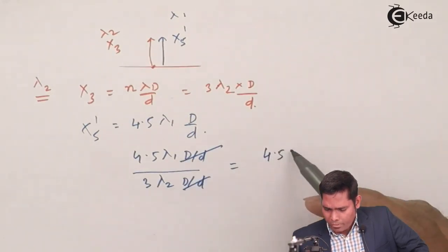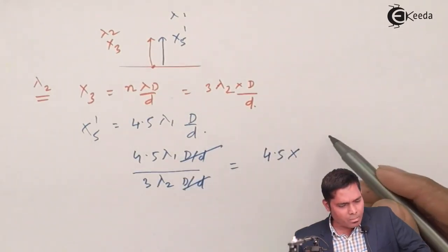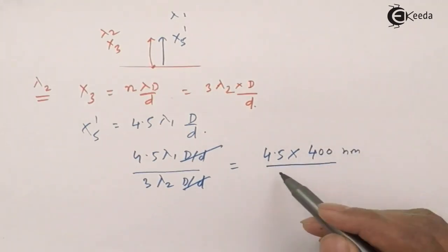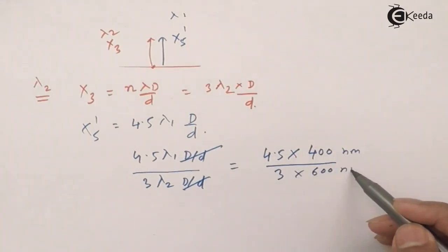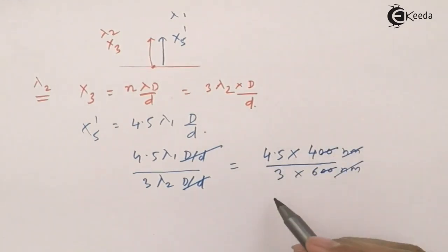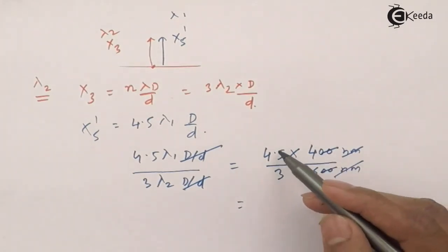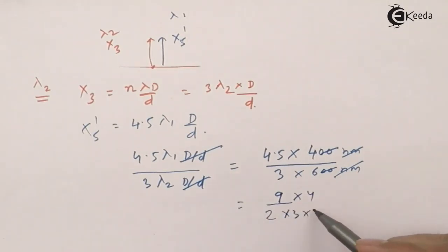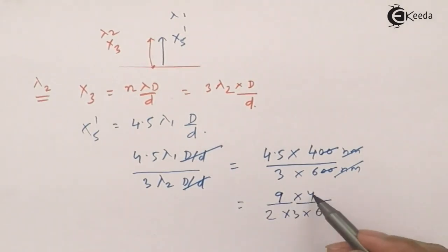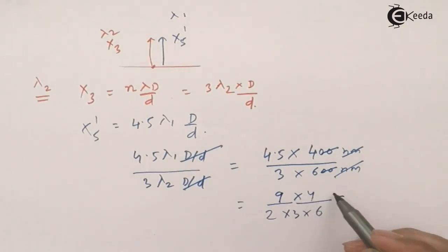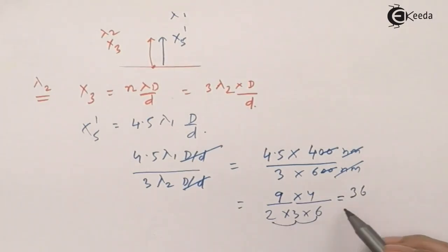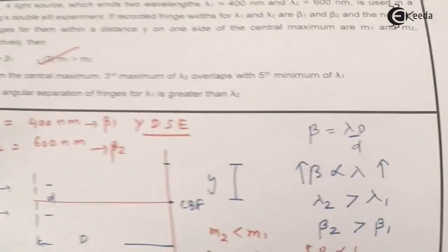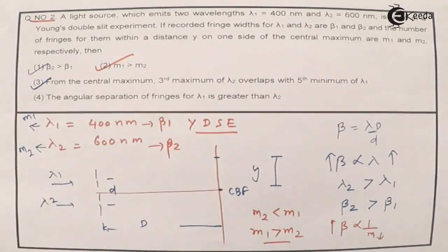This is 4.5 times lambda 1, which is 400 nanometer, divided by 3 into 600 nanometer. The nanometer will cancel, the zeros will cancel. This is actually 9 by 2 into 4 over 3 into 6, so this is 36 and this is also 36. That means they will coincide. So this third option is also correct.